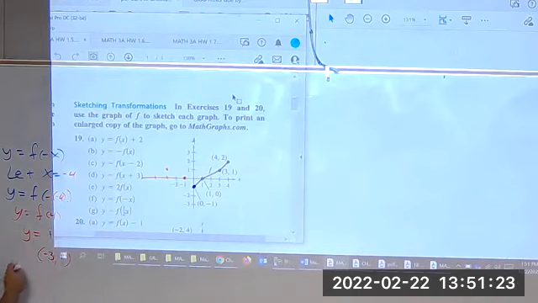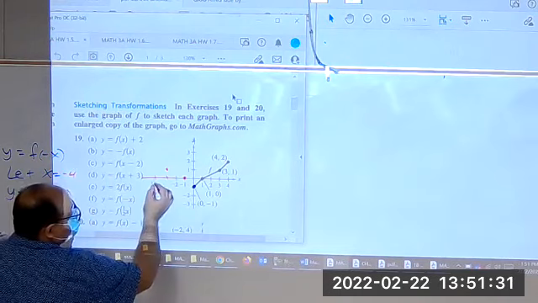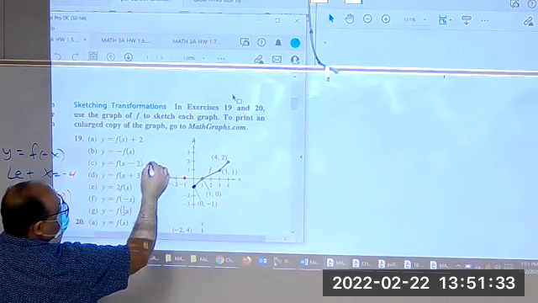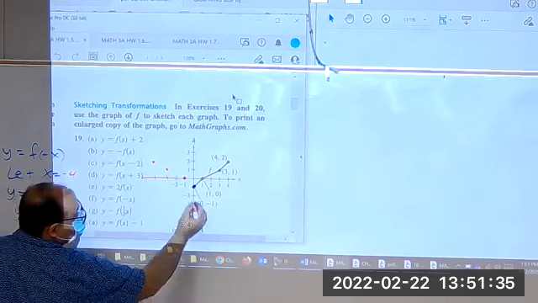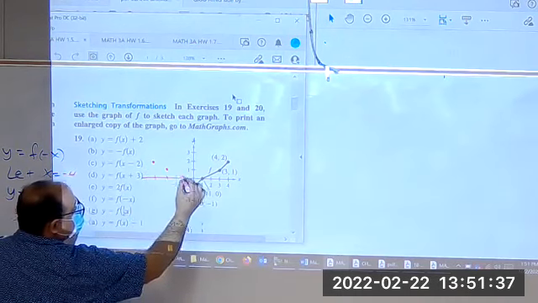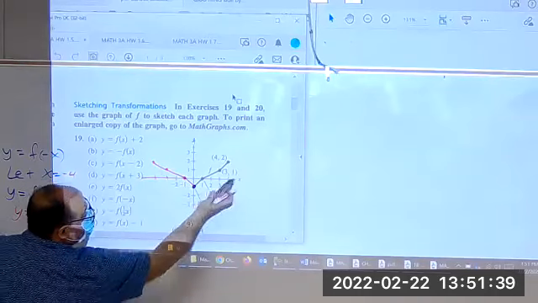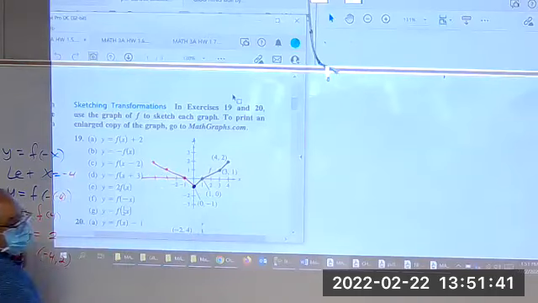That gives us a positive 4. We got a 2, so when we plug in negative 4, it's going to behave like the right-hand side, and we'll get a positive 2. So it's going to go here, there, and then there. That is now reflected over here. Reflection across the y-axis.